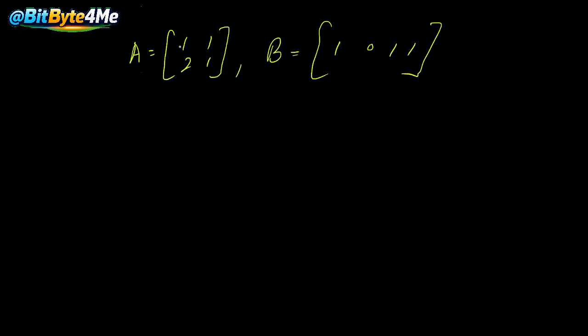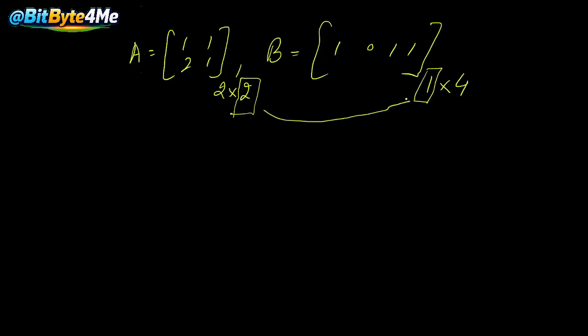This matrix is 2 rows by 2 columns. This matrix is 1 row by 4 columns, so it is a 1 by 4 matrix. This is a 2 by 2 matrix. So a 2 by 2 matrix can't be multiplied with a 1 by 4 matrix. For matrix multiplication, the number of columns in the first matrix should be equal to the number of rows in the second matrix.